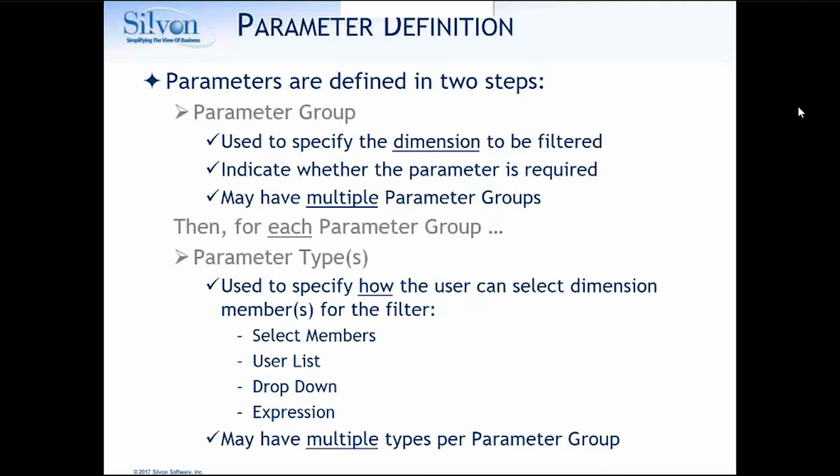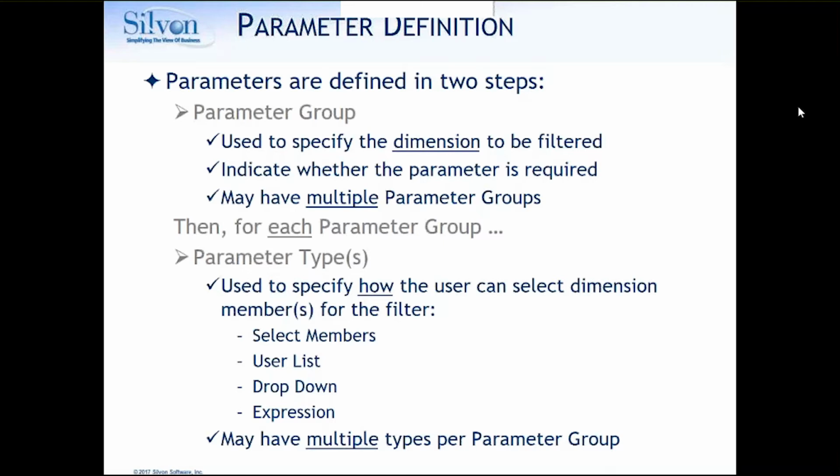Now the drop-down is a little bit different. We'll go through each one of these. All the values are displayed for a particular dimension, and the user can then select one member out of that list. So it's very convenient to be able to see these, click on one, and then run your view.